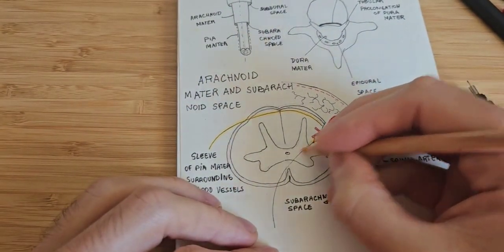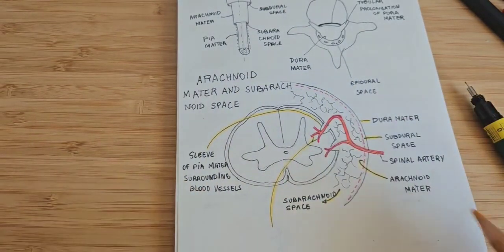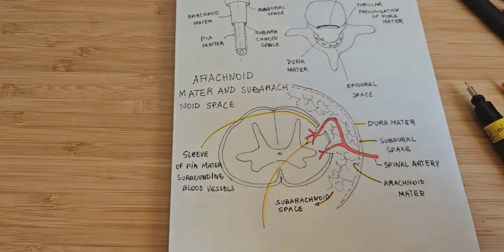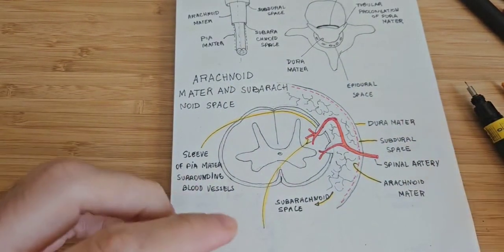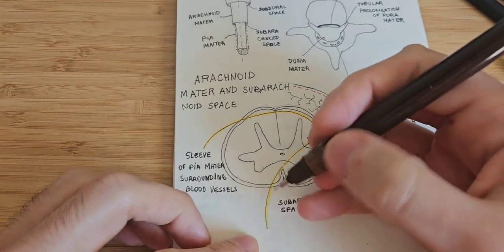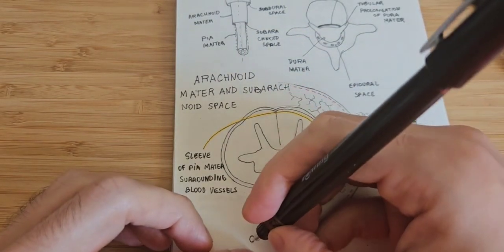That's something I need to be careful about, not to overlap the illustration with the lines. Okay, this one represents these two structures, the capillaries.